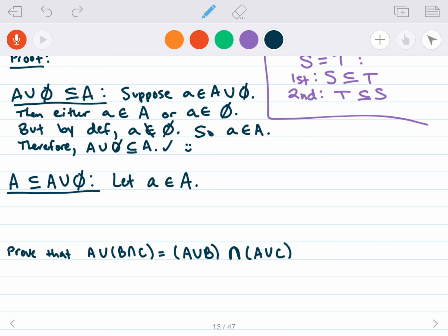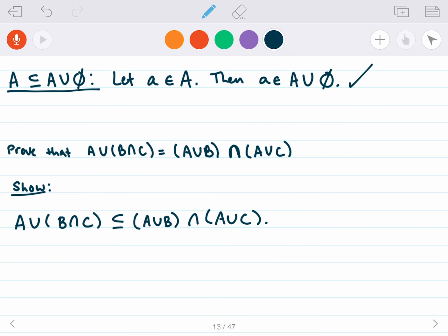It means a is in either A or any set you want. It doesn't have to be empty, but if a is in capital A, it's going to be in the union of A and anything else. So, trivial. Done.